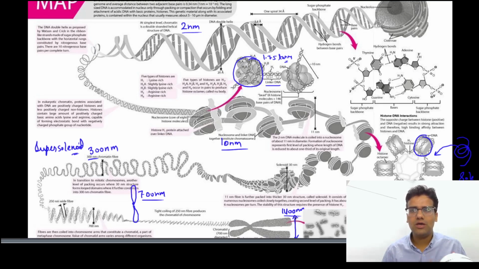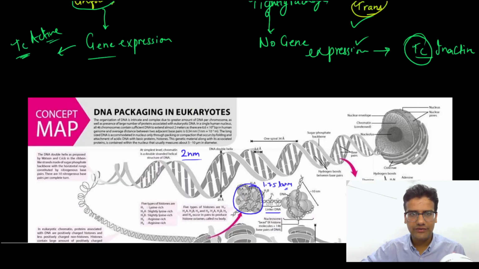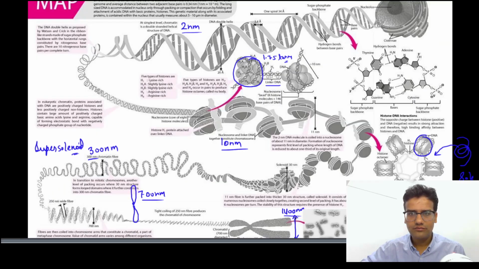So this is all about the levels of packaging of DNA. If we have a quick revision, we have this DNA, which is a 2 nanometer fiber. This 2 nanometer fiber is converted into 10 nanometer fiber due to the binding of histone proteins.